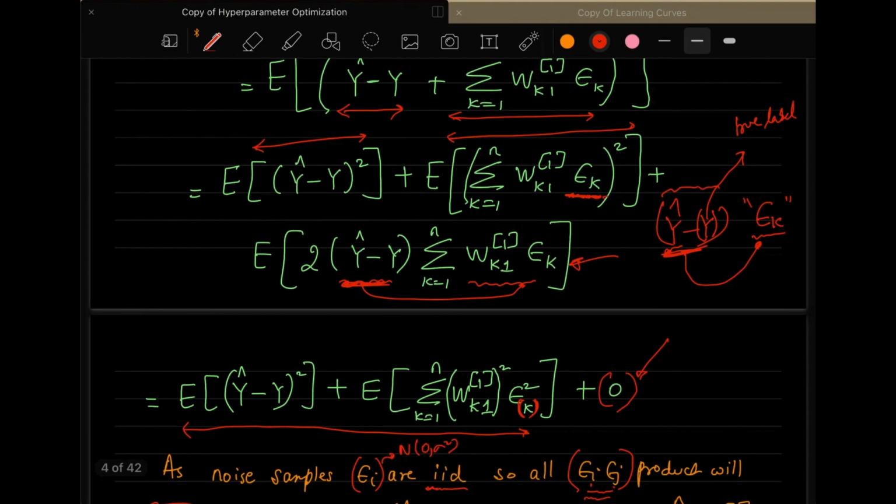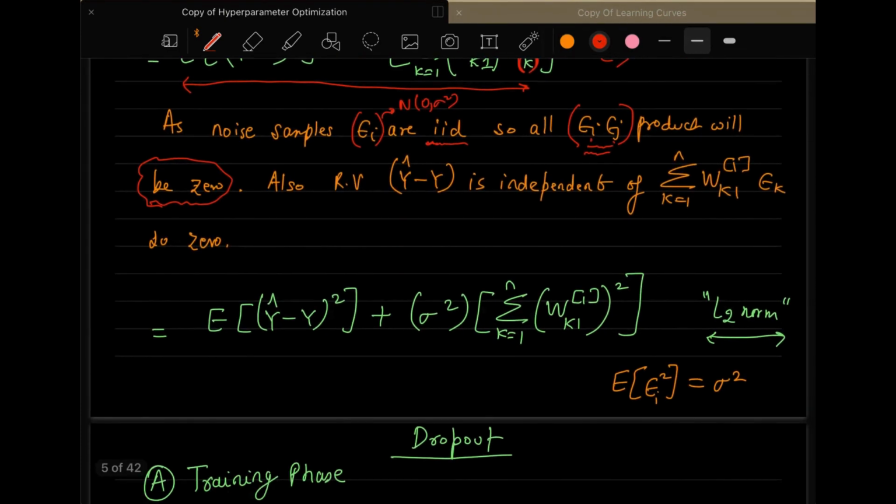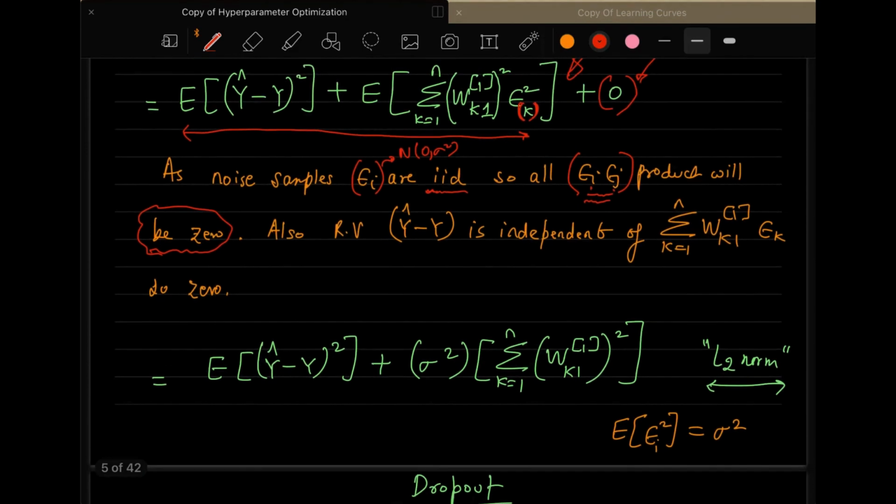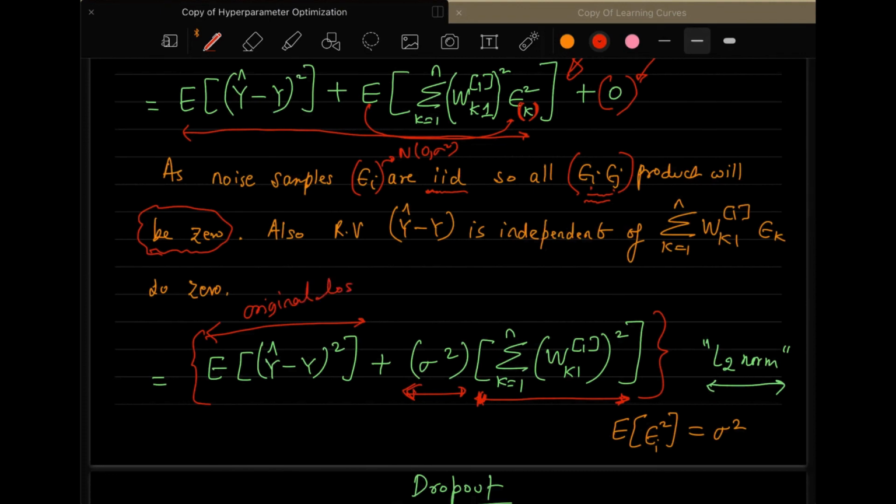From here, you take the expectation of the epsilon naught squared out, which will be sigma square, and you are left with this expression. Now you can see clearly that this is the original loss that you normally compute: y hat minus y, where y hat is the output of the neural network and y is the true label, and you take the squared loss.